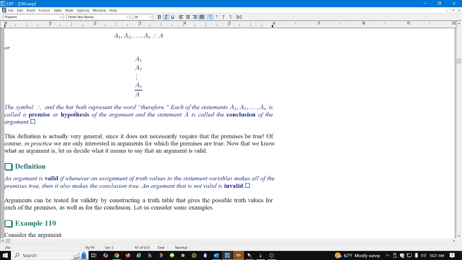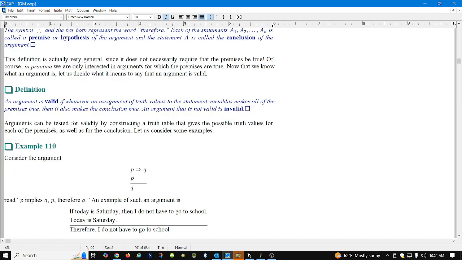I said nothing in this definition about truth value. So the hypotheses may be true, they may be false, and we'll discuss that a little bit later. An argument is valid if whenever an assignment of truth values to the statement variables makes all of the premises true, then it also makes the conclusion true.